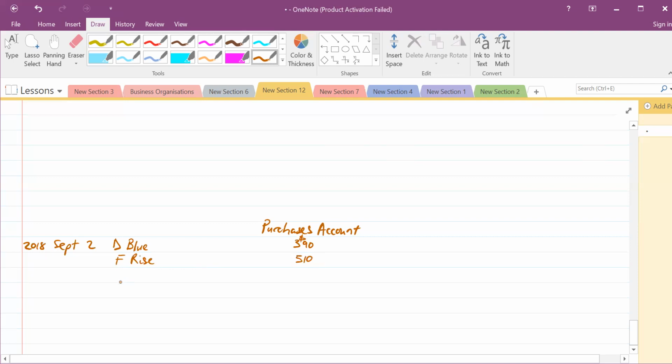And then we have P Lee 280. Now, to complete the double entry, we need to go to D Blue, F Rise, and P Lee's accounts in the purchases ledger.